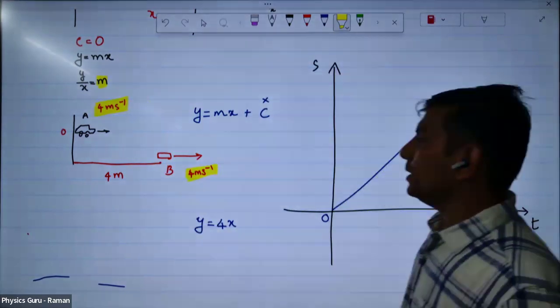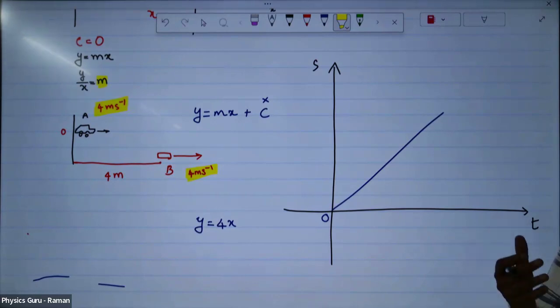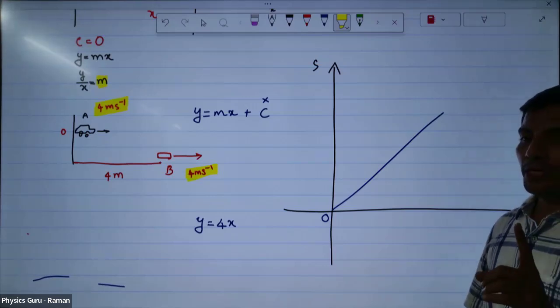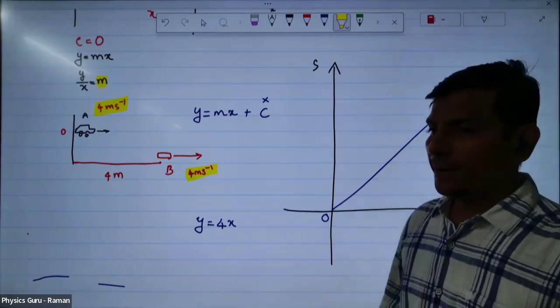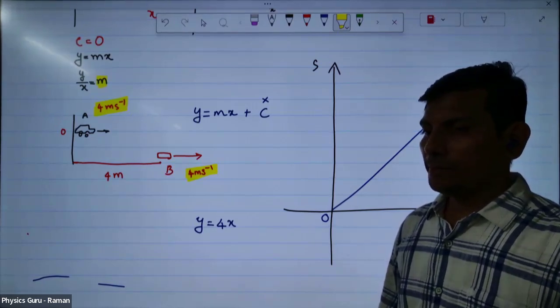The second car is also traveling at 4 meters per second. Correct? So when the velocities are steady, then the graph must be what? A straight line. Day before yesterday we learned it. Am I right? Yes, sir.